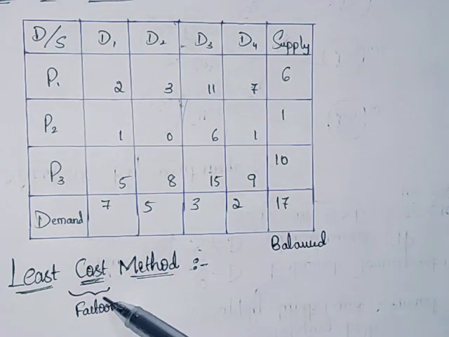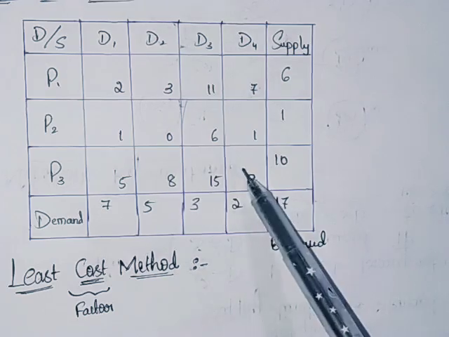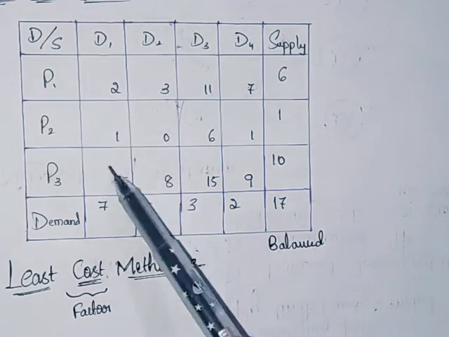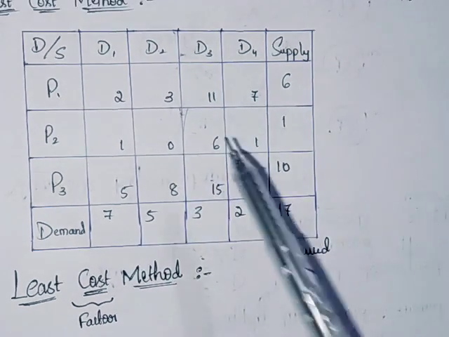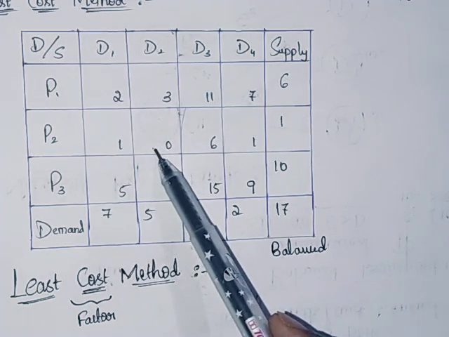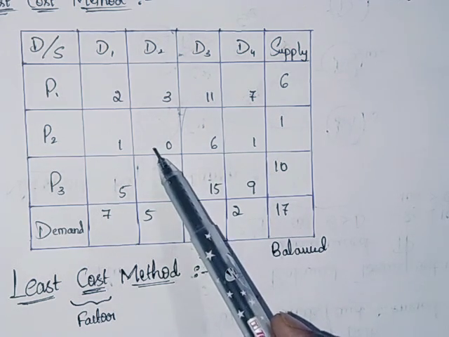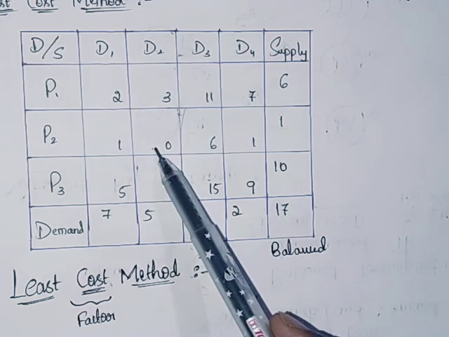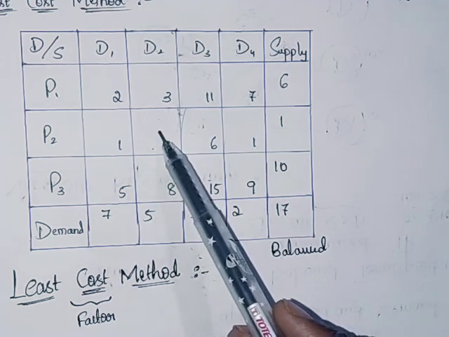In the least cost method, first we need to identify the cell which has the lowest cost. When we observe these 4 columns and 3 rows, the least cost is this cell I am pointing to, which has 0, the lowest cost among the given cells. So the first allocation starts from here.